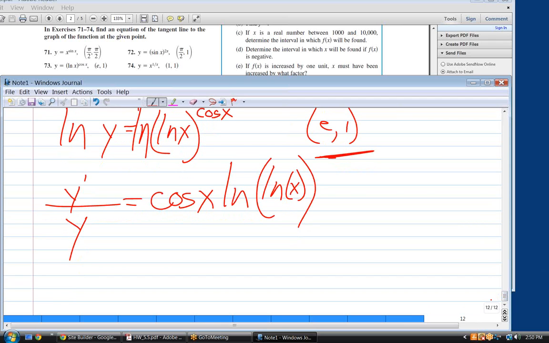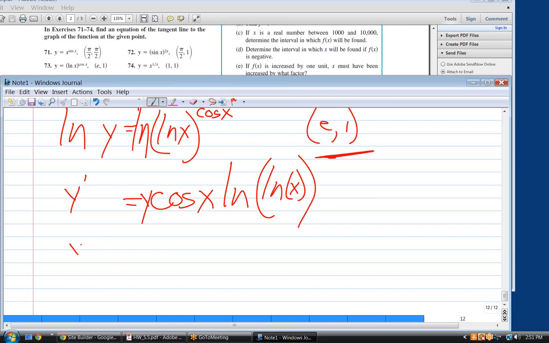I've seen it plenty of times. So that's y prime. And since the only thing we need is the slope, there's no point in going back and resubstituting for y, because I can get the slope by substituting 1 for y and e for x.